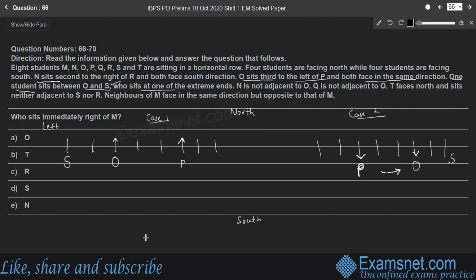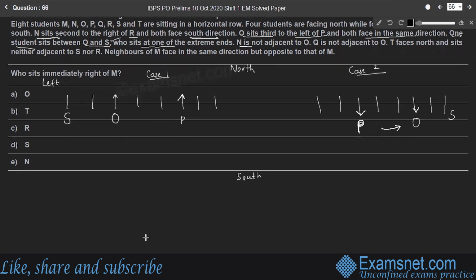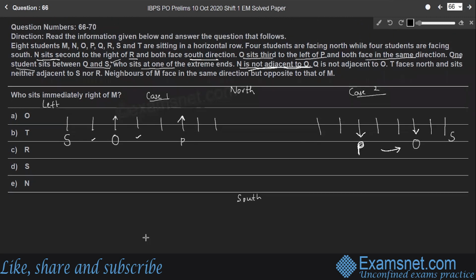N sits second to the right of R and both face the south direction. N and R are facing the south direction. So I'll just write here. And N is not adjacent to O. So this is important. So here N is not adjacent to O. N cannot sit here, either here or here. N is not adjacent to O. And N and R are facing the south direction.